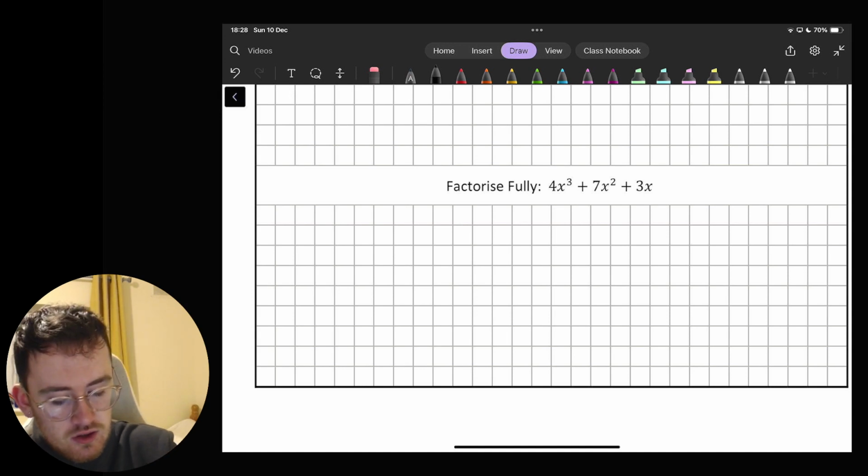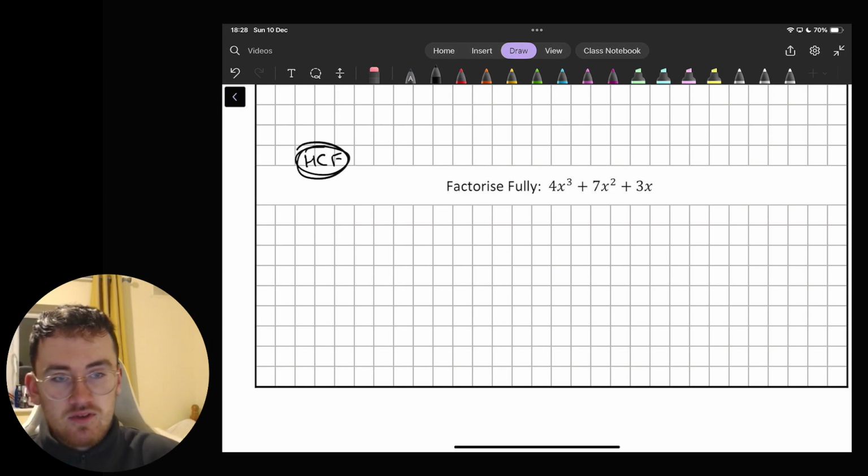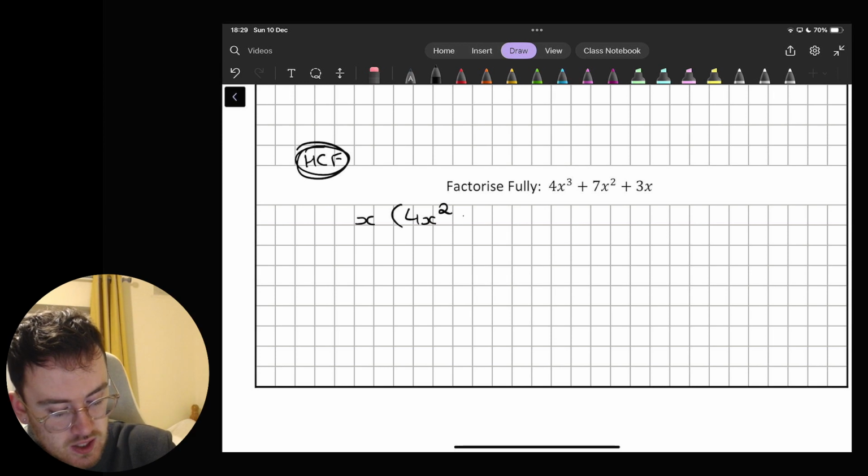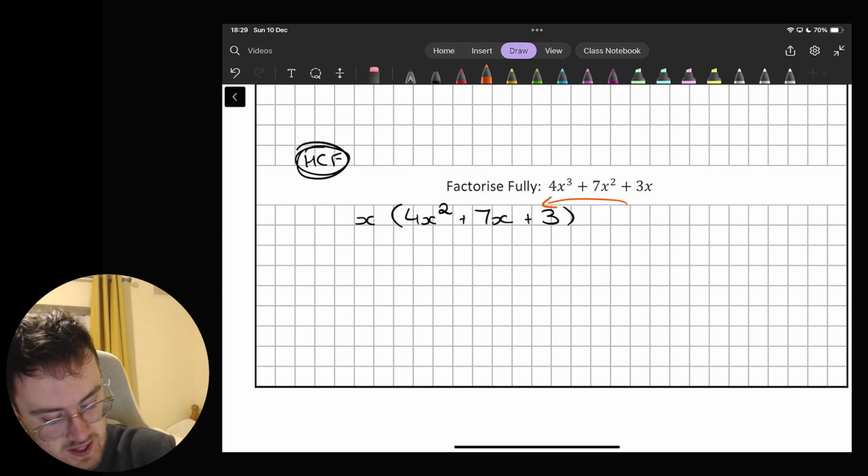So I have to think of my other types of factorizing, and really all I can do here is a highest common factor. So we look across and see what they have in common, and I can see there's an x there. So I could factorize out an x and get 4x squared plus 7x plus 3. And if we look at what's left on the inside here, this is a quadratic.